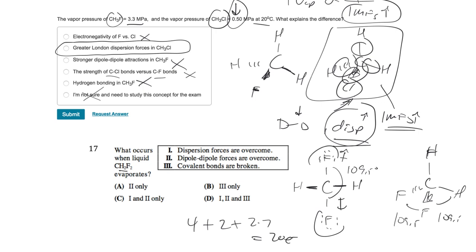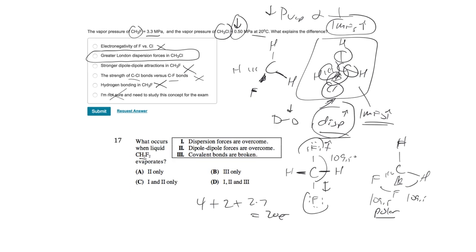And the thing we need to see is that this molecule has dipole-dipole forces because it's polar. Any molecule that's polar has a dipole-dipole force, and any molecule that's nonpolar doesn't. So if CH2F2 was nonpolar, it wouldn't have the dipole-dipole force. But since it is polar, it has the dipole-dipole force and of course the dispersion force.